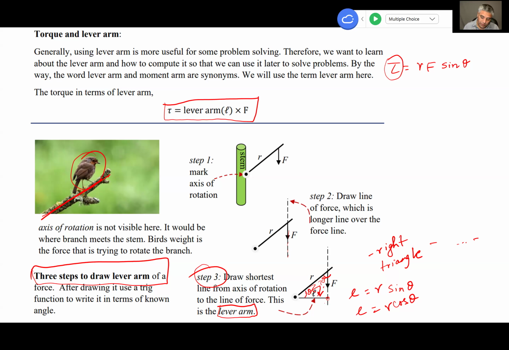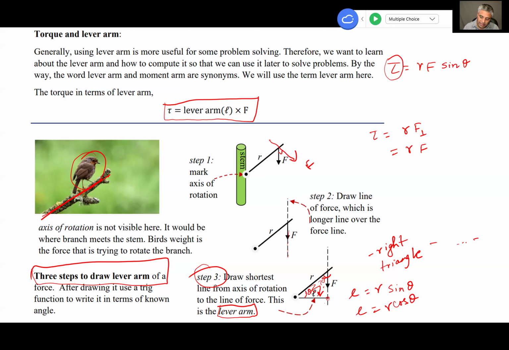One case is where the force is perpendicular to r, so the angle is 90 degrees. If the force is acting like that, then the torque is r times the perpendicular component. In that case, r is the lever arm, so we can just write that as lever arm times force, or simply r times F. If it is not perpendicular, you can find its perpendicular component.